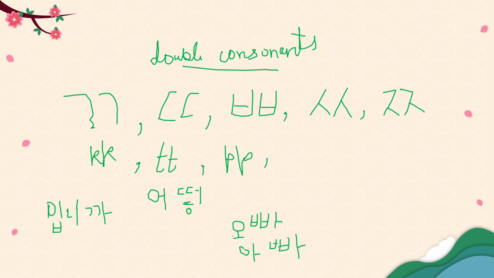Oppa means, if you're a girl, what a girl says to her older brother. And father, I mean dad, in Korean is Appa. Dad is Appa. Father is Abeoji. You may have heard Oppa if you're a K-pop fan.